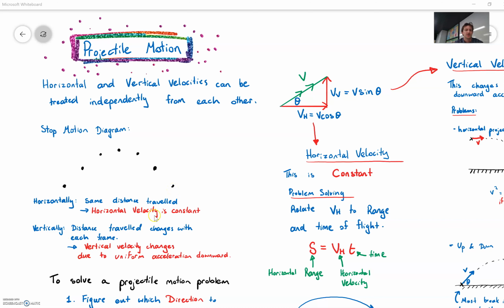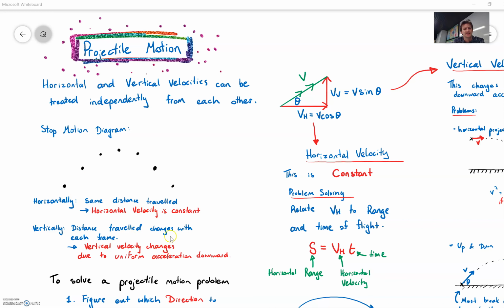So vertically, with each frame it's doing a different displacement, so that means the vertical velocity must also be changing to cover those different displacements. And that's because there's an acceleration going downwards that is constant in size and direction.